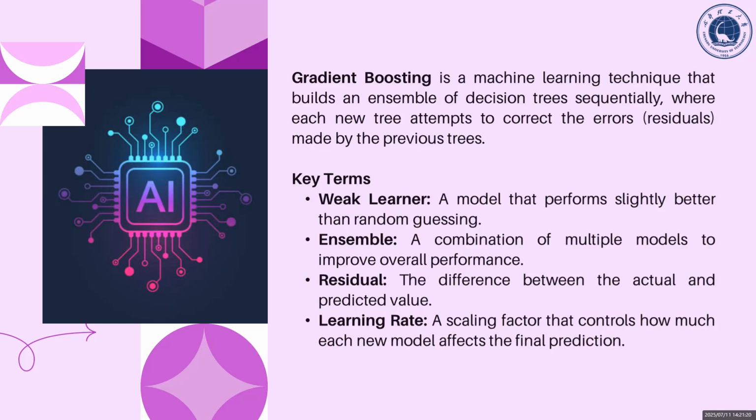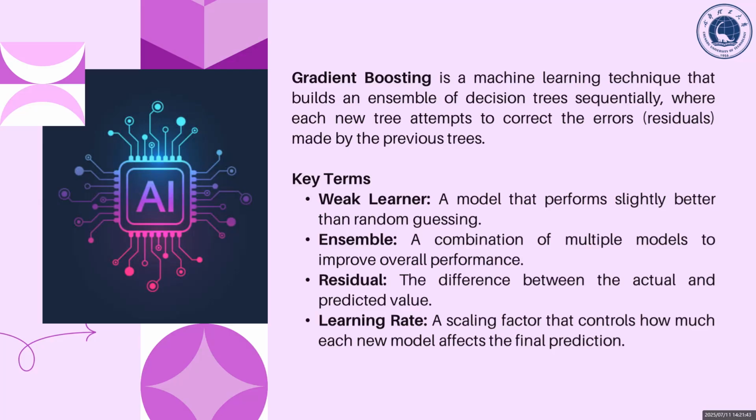Residual, as the name implies, is the difference between the actual and the predicted value. So the residual is known as the error. In a gradient boosting model, we try as much as we can to reduce or minimize the difference between the actual and the predicted.